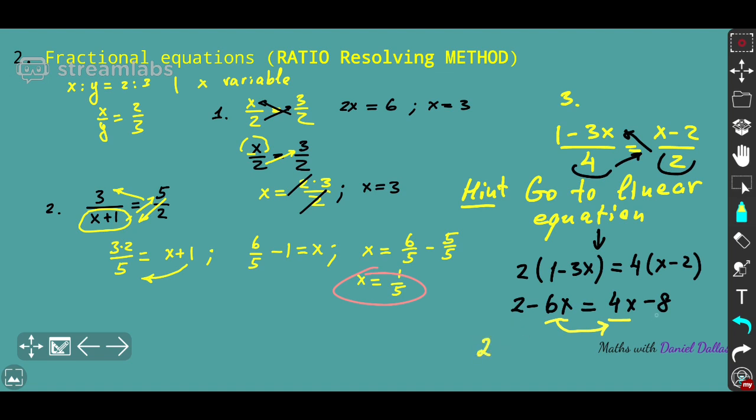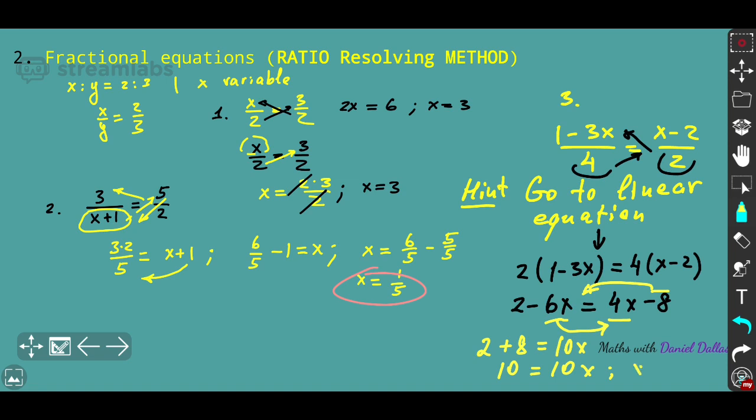So negative 8, you take and transfer it to the left side, you swap the sign, so it gets positive 8. And on the right side, when you transfer negative 6x, you'll have 6x here, and 4x together will give you 10x. 2 and 8 will give you 10, equal to 10x.